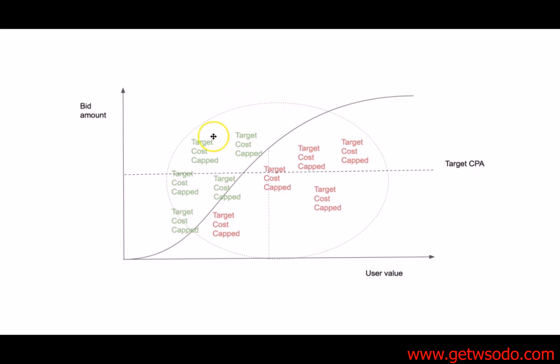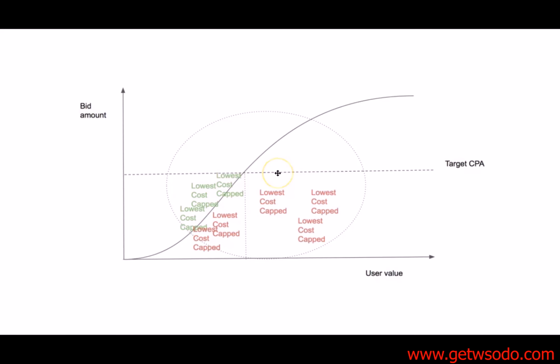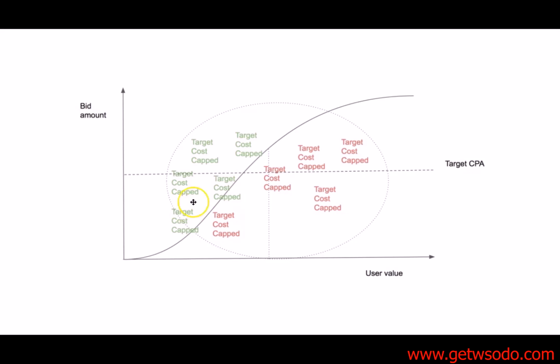When you're using target cost capped, what you're telling Facebook here is to average out my CPA. So previously we're saying don't bid higher than my CPA target. Here we're saying just average it out. So the way I use this is, let's say for example, my CPA target is $30, and I've done some testing where I've tested 30, 40, 50, maybe up to $90, and my $90 is the best performer on a cap.